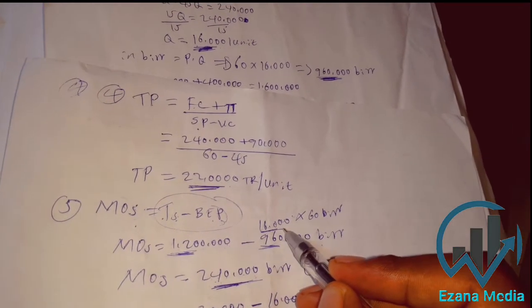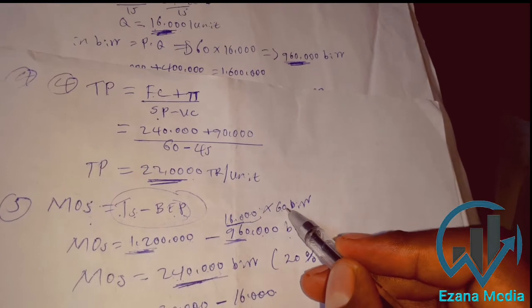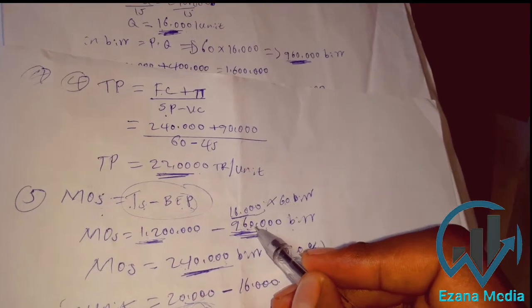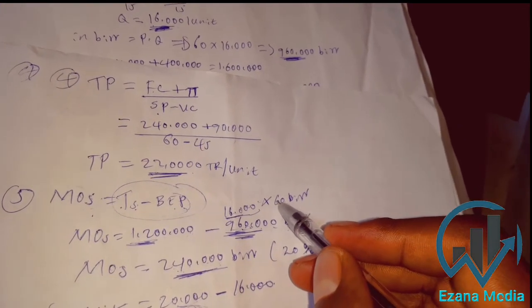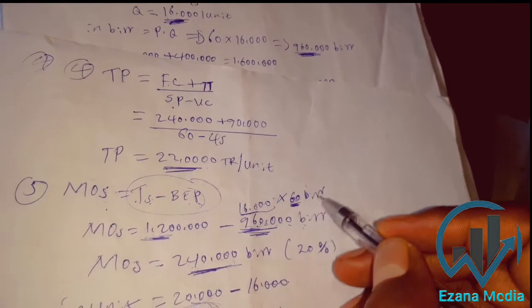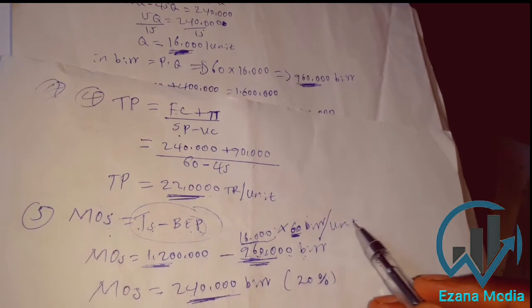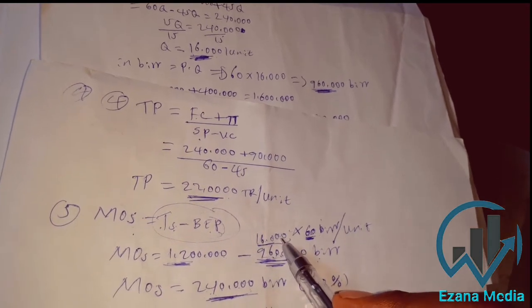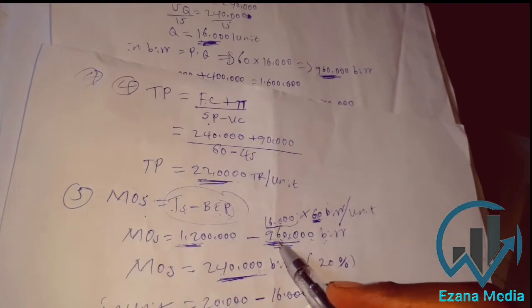So 16,000 units sold at 60 birr gives 960,000 birr.